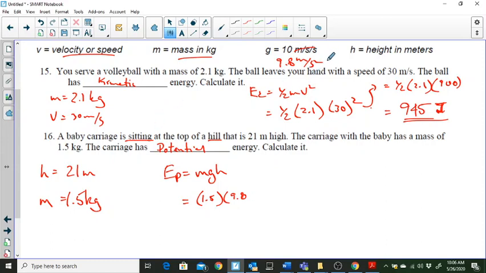This is the same thing as newtons per kilogram, and it's also equal to meters per second squared. Science is like that. Then we have our height, and that's our 21. So now you pull out your Casio FX-260 Solar, 1.5 times 9.8 times 21. That's equal to 308.7, and we could say 310 joules of potential energy.